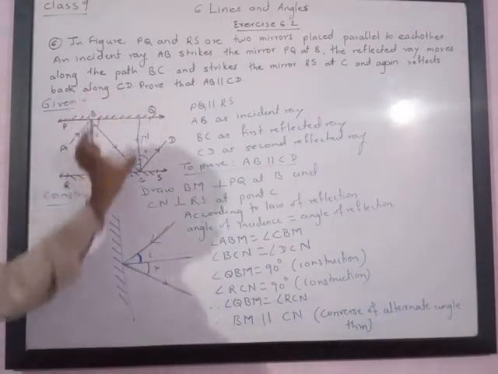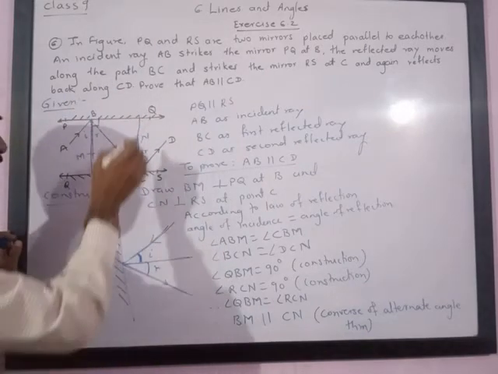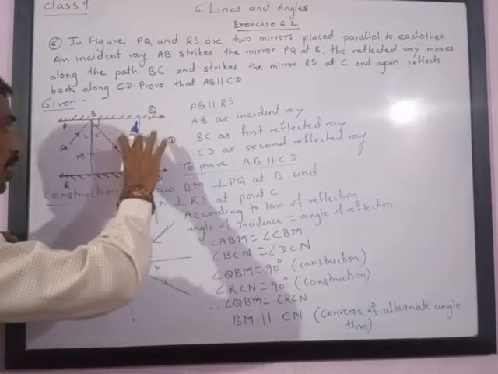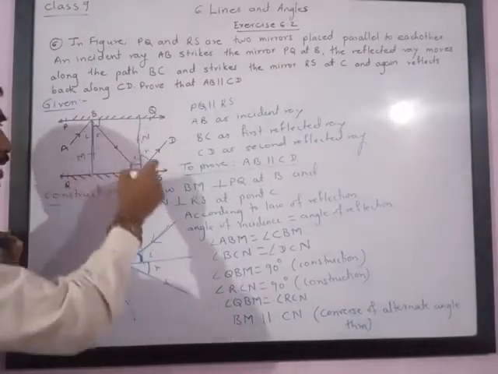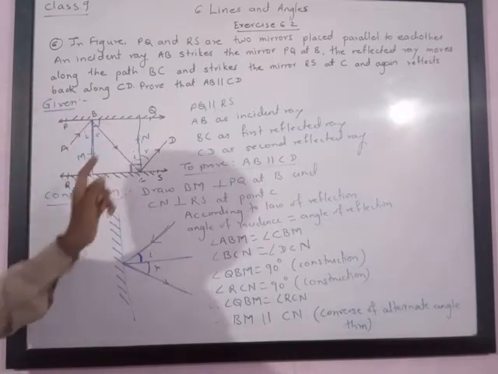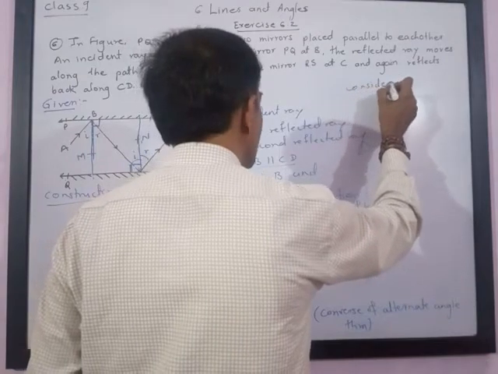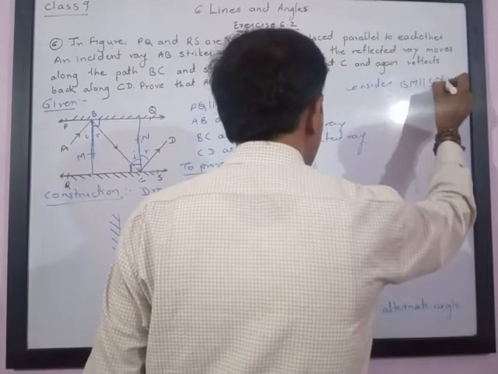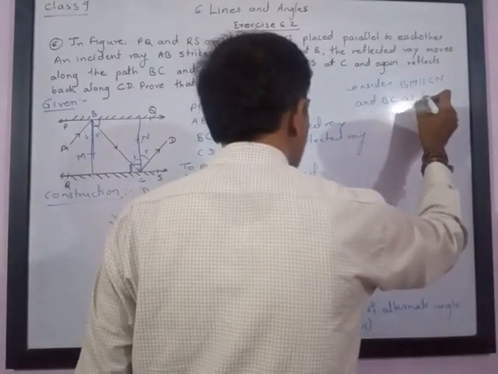Now if these two lines are parallel, observe BM parallel to CN, and BC as a transversal. We can consider these two lines as parallel and this line as a transversal.